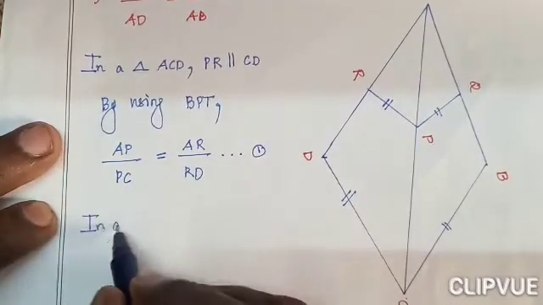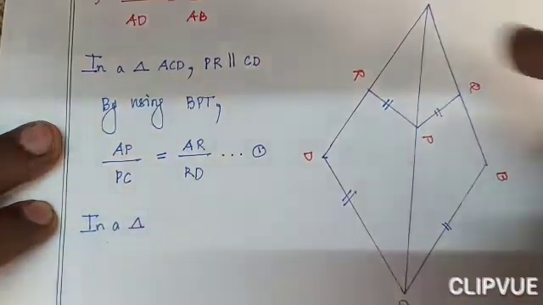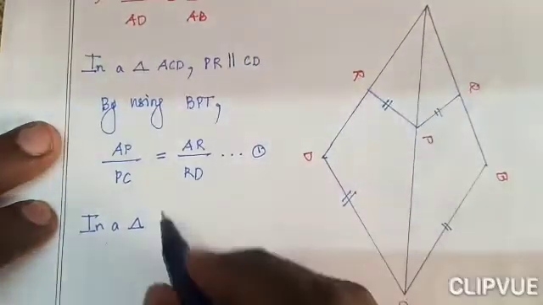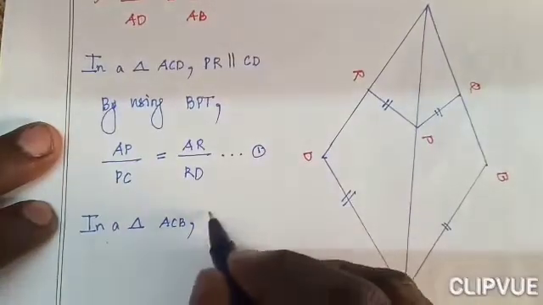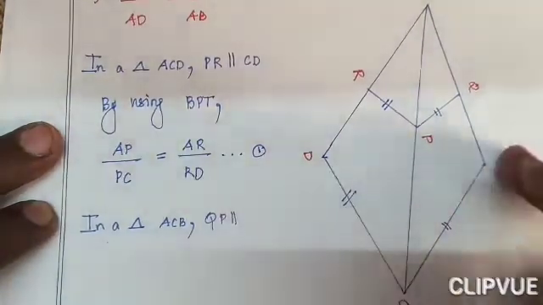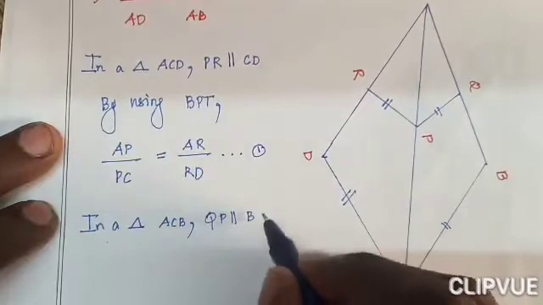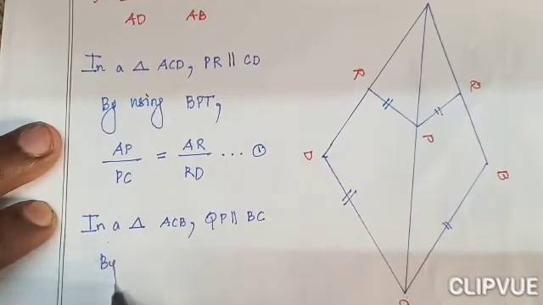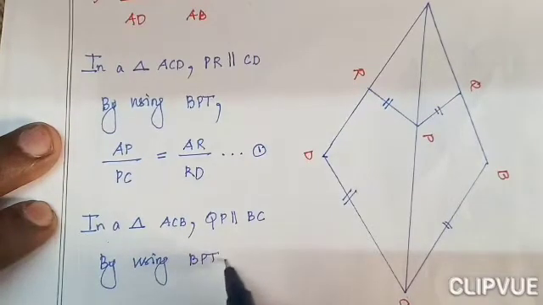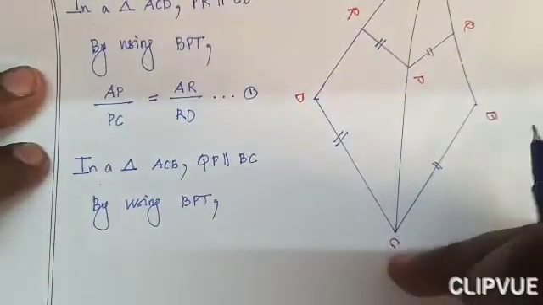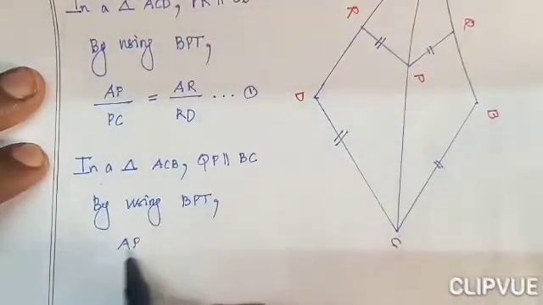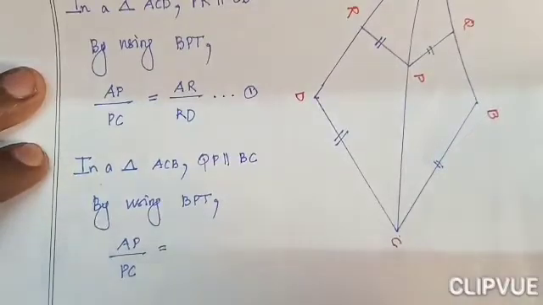Okay. So next, the right hand side triangle ACB, QP is parallel to BC. Here, by using the basic proportionality theorem, AP by PC equal to AQ by QB.